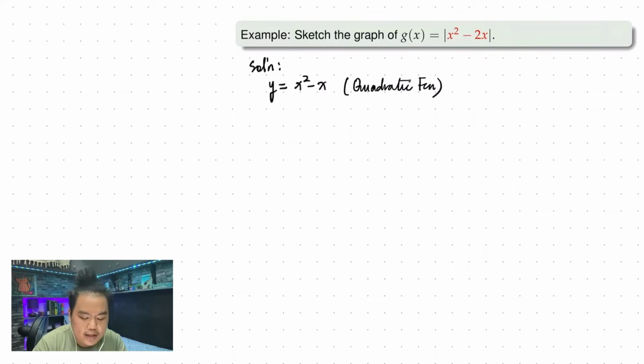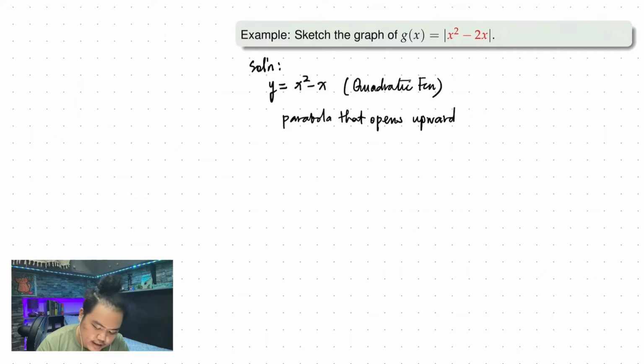So, ang titignan mo yung a para malaman mo kung opening upward or downward. In this case, a is 1, so it must open upward. So, parabola that opens upward.